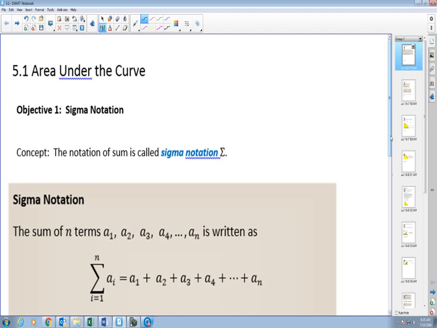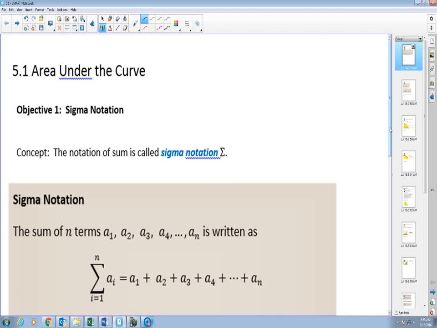To understand area under the curve, we need to first look at sigma notation, or summations. The notation of a sum is called the sigma notation, using the Greek capital letter sigma.